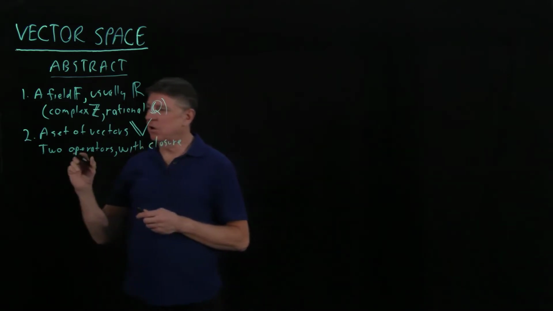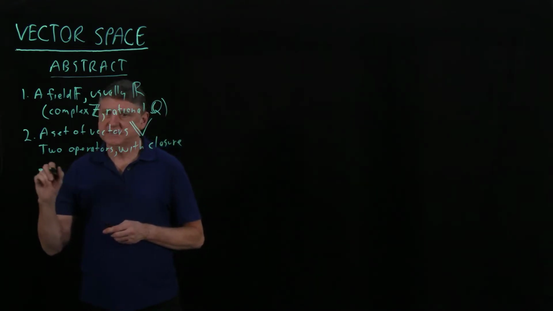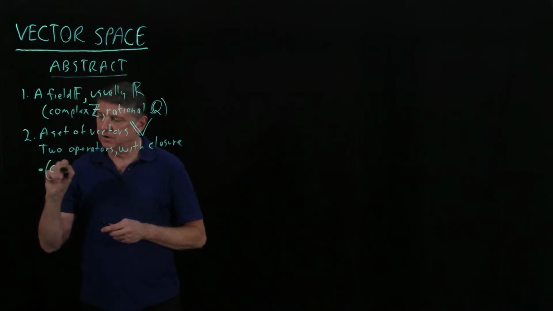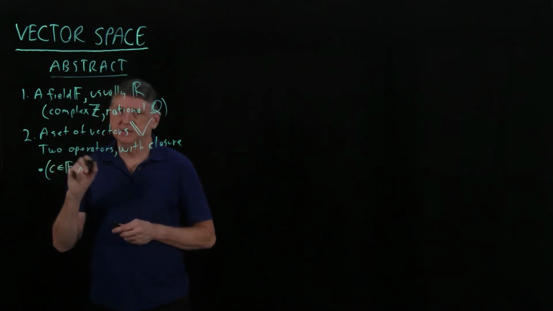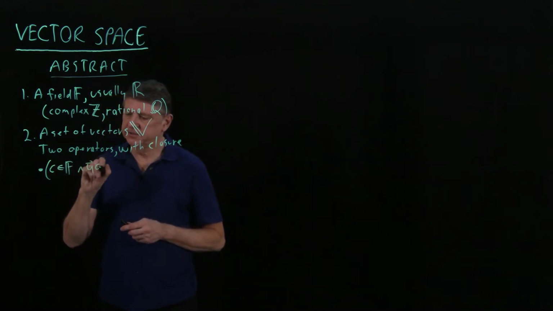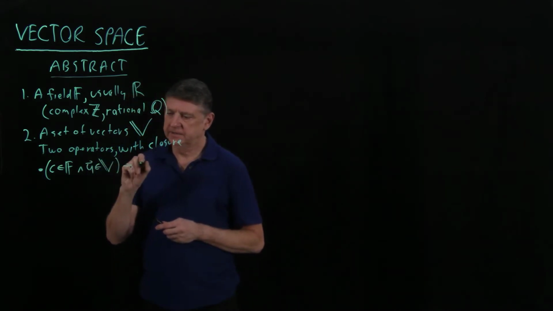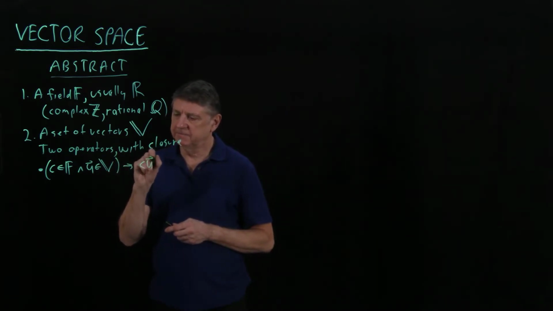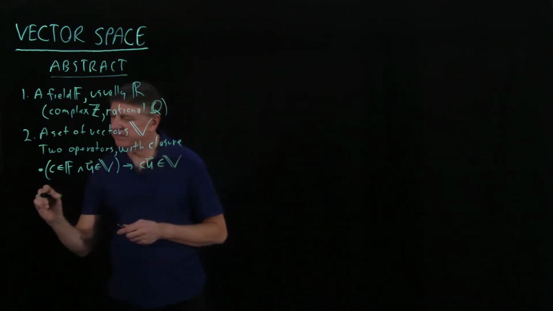And these are multiplication. So the first one is that if you have a constant that is in your field and you have a vector in your set of vectors, then the product of the constant and the vector are also in the set of vectors, and you have addition.